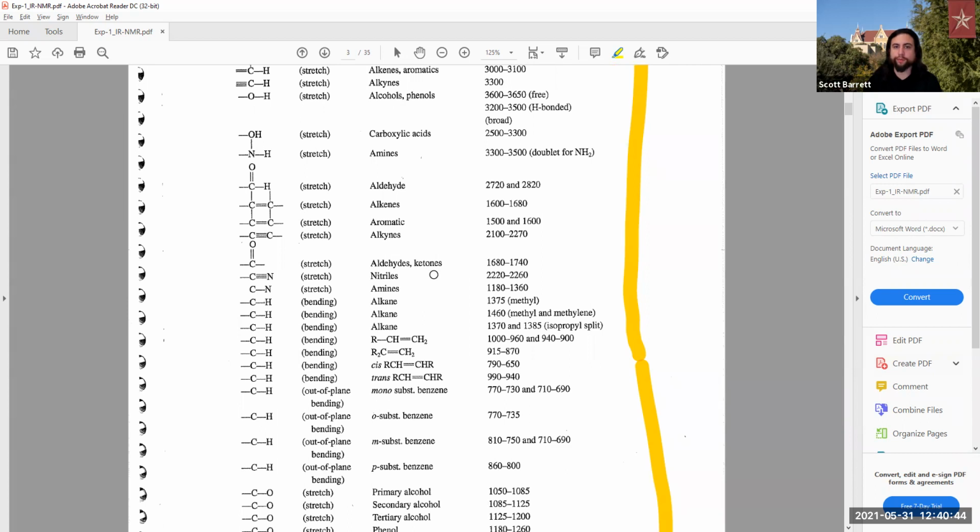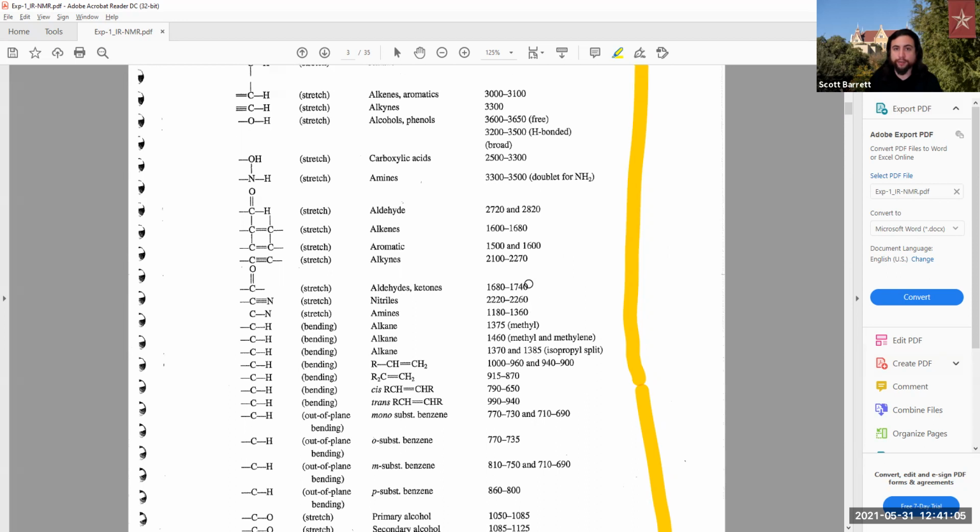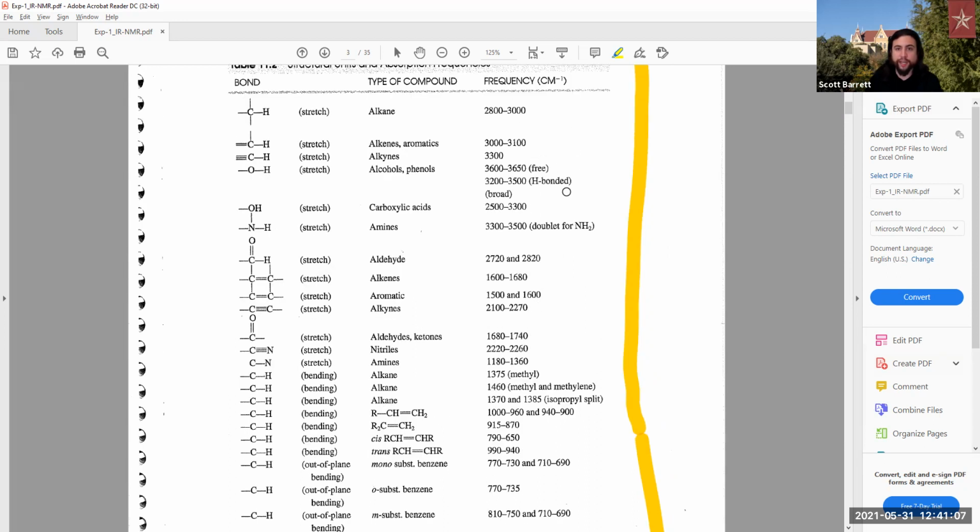Even going down into the nitriles region, it's a very small region right here. So that would be an important region to memorize, because if you looked at a random IR spectra given to you and you saw something between 2200 and closer to 2300, that's very indicative of a nitrile, because as you can see here, the others don't really interfere in that area. The alkynes slightly do.